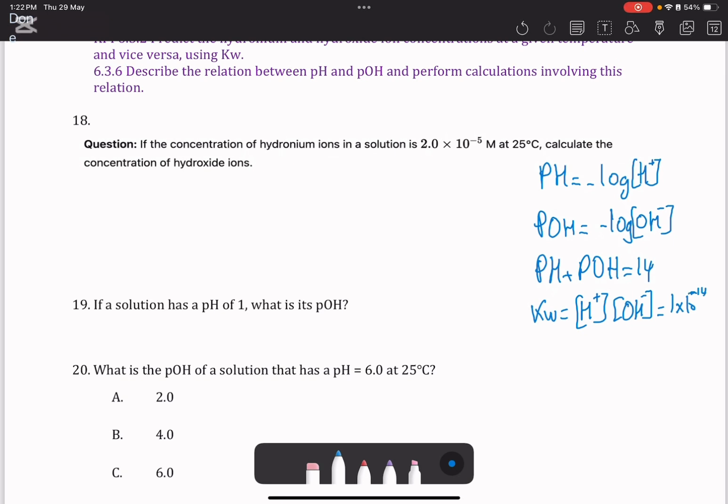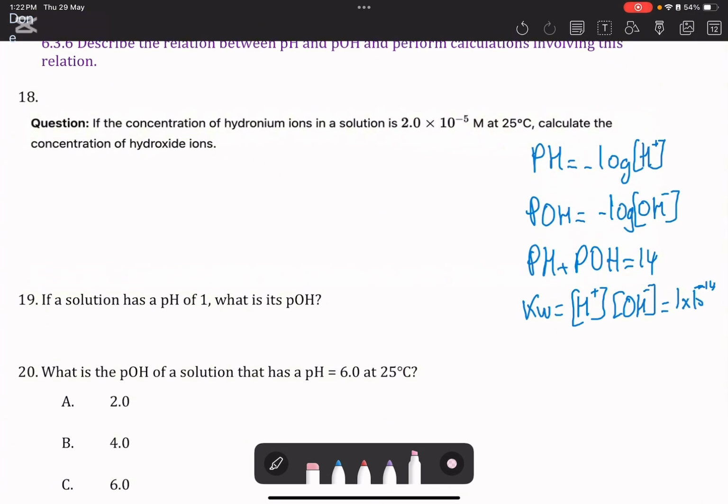Now I'm going to tell you how to use these formulas. First, start reading the question. If the concentration of hydronium ion in a solution is, so the concentration of hydronium ion, H3O plus, which is the same as H plus, is equal to this value, calculate the concentration of hydroxide ion.